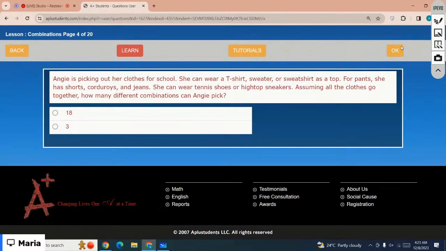So which is the correct option? Very good. The total combinations she can have is 18. The correct option is 18.